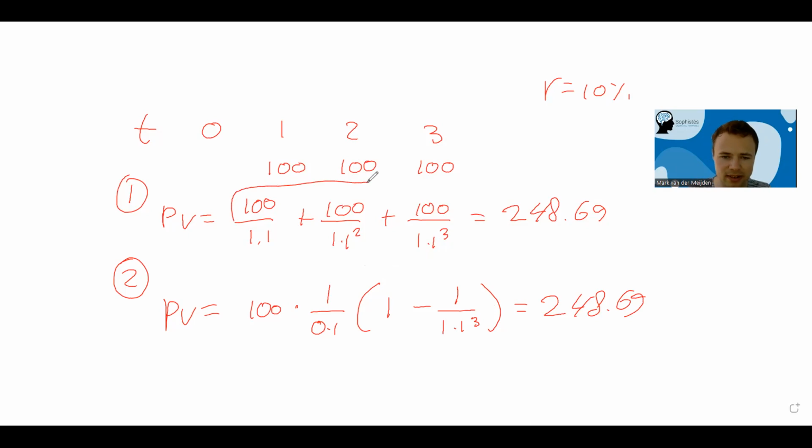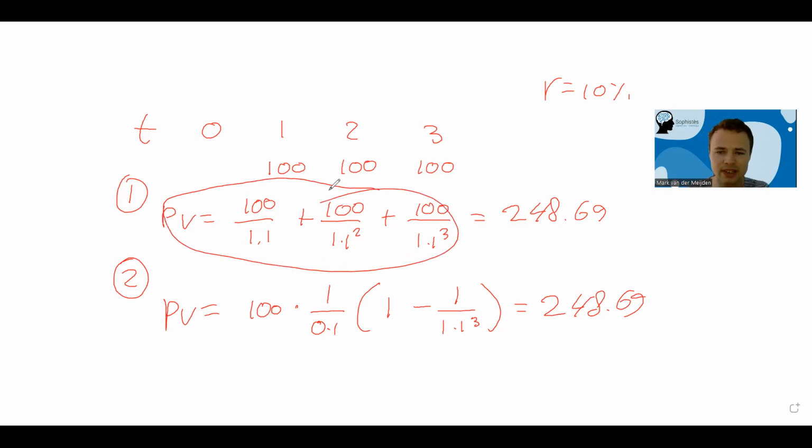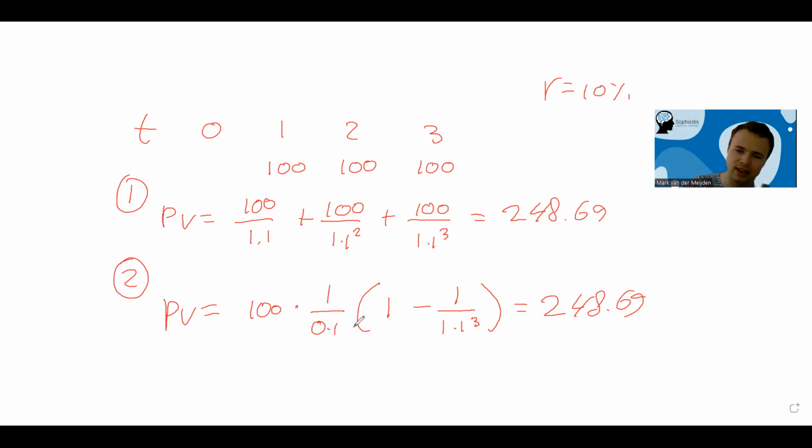For example, if you would get 100 euro each year for 30 years, then you can simply change the N into 30. While if you do it with the first method, you have to write down 30 different fractions, and that would take you a long time to calculate. Therefore, we need this formula. So this is an annuity: you get a fixed cash flow each year for a finite period.